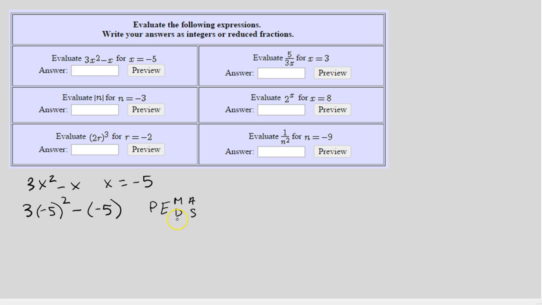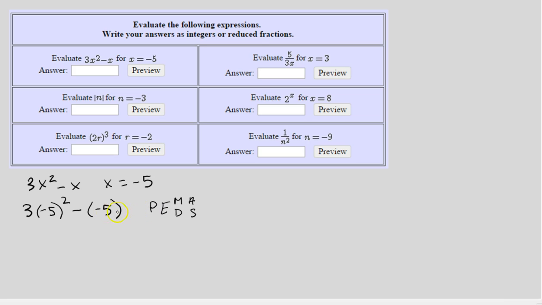Meaning if you have a problem that has both multiplication and division, if the division is further to the left, you do that first. If the multiplication is further to the left, you do that one first. And the same applies for addition and subtraction. So let's highlight as we go so we can keep track of what we're doing.